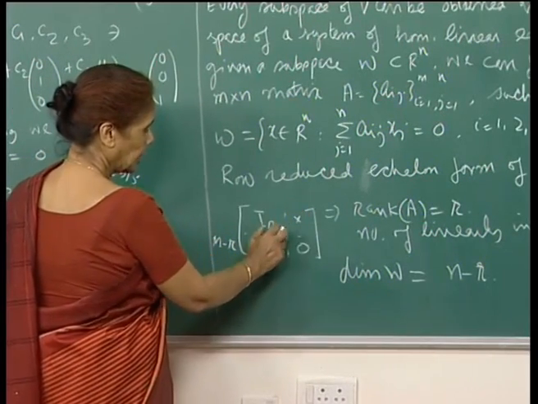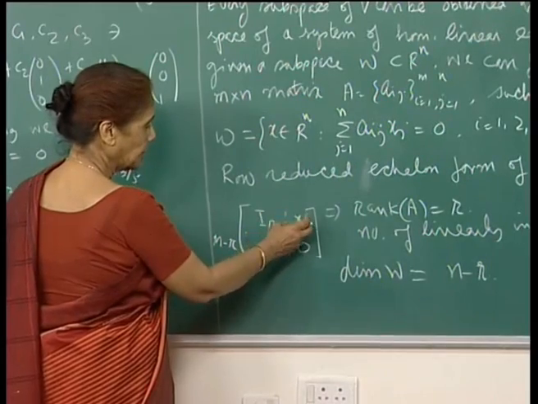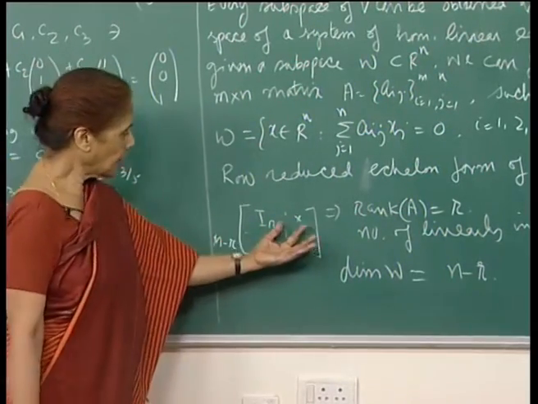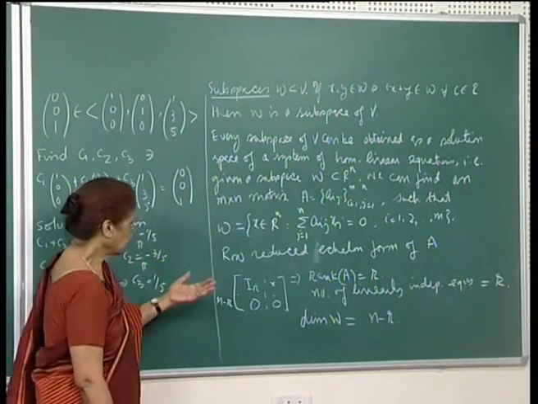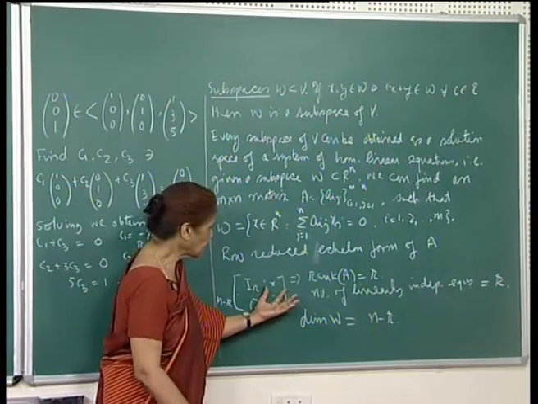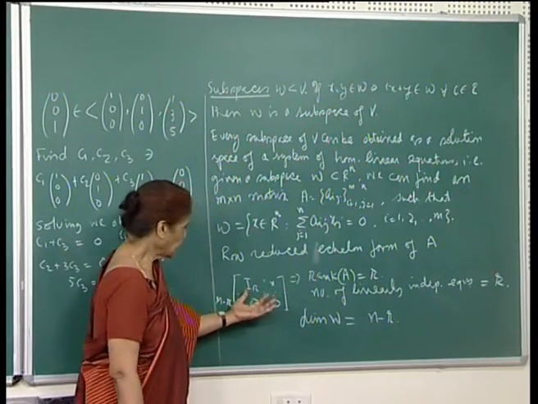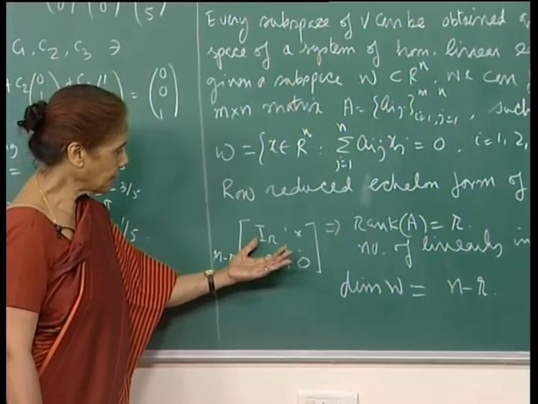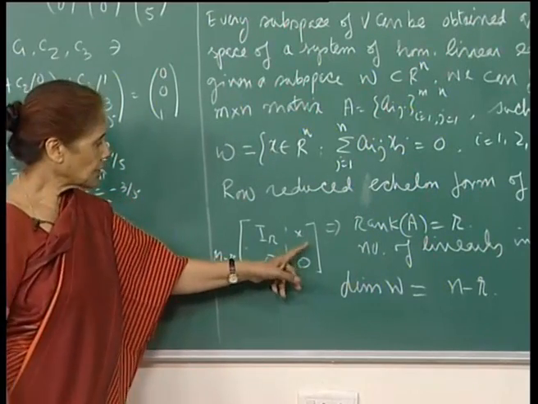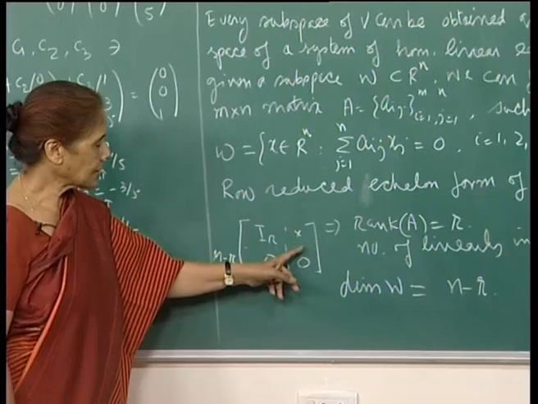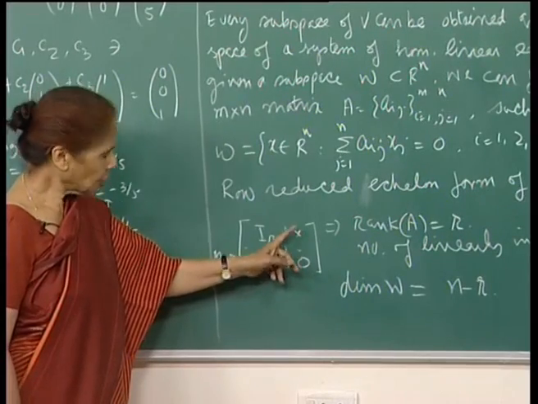Why? Because you are expressing these r variables in terms of the n minus r variables, which, in the language we use, are free to take any value. And so, the r variables get fixed in their values corresponding to the n minus r free variables, and so then I can find n minus r linearly independent solutions here.